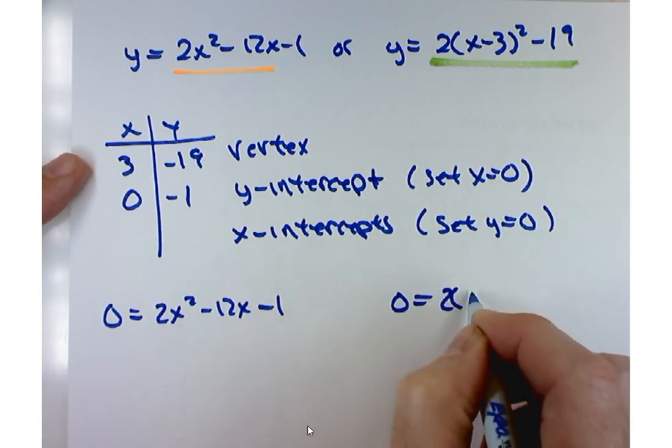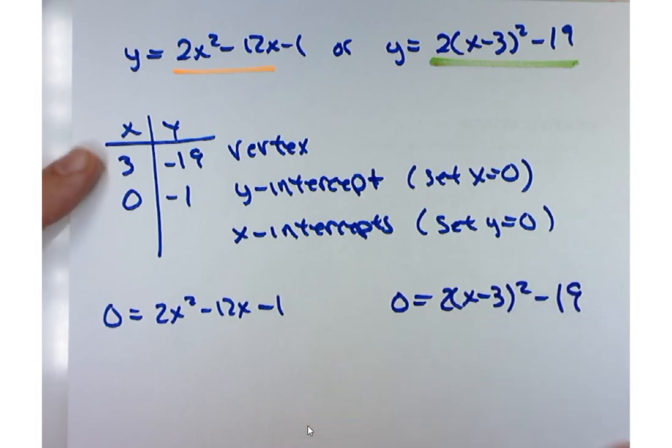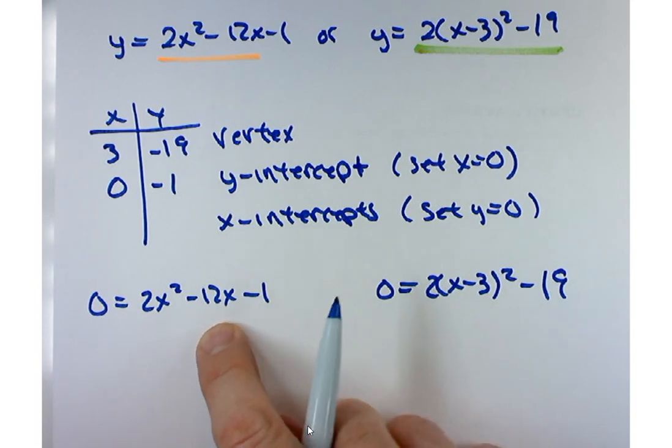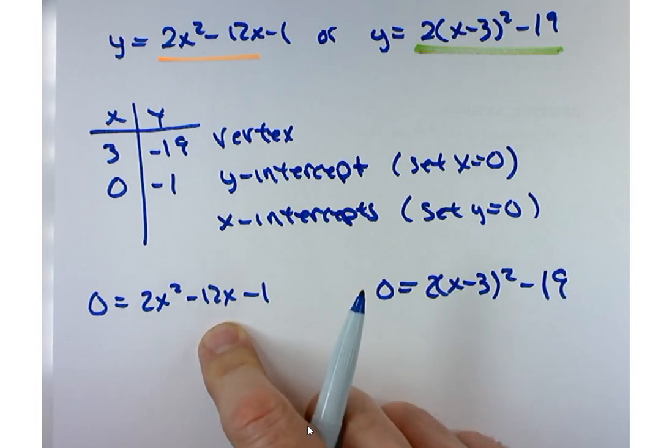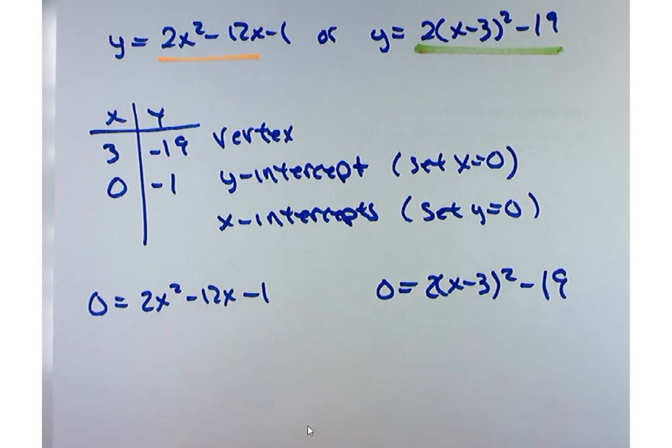I would solve each of these differently. They're both going to give you the same answer. How would you solve this first one? Factor this one? I don't think that's going to factor. So if factoring doesn't work, what's your backup?